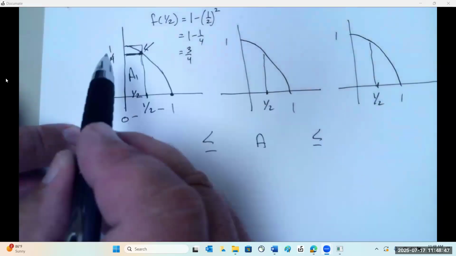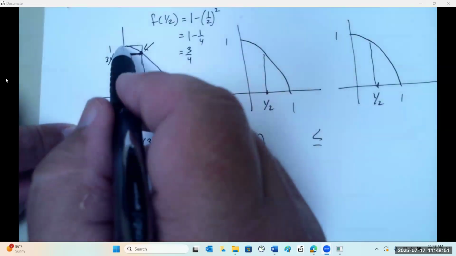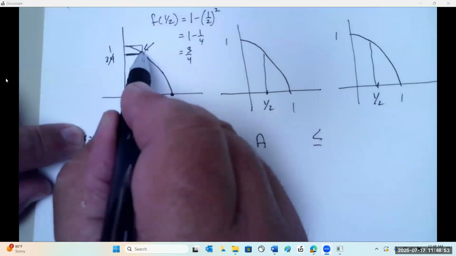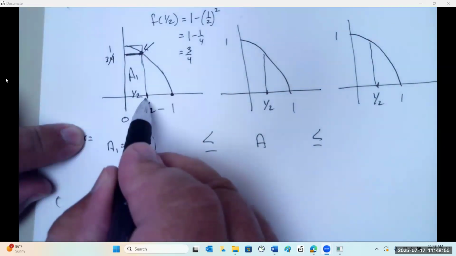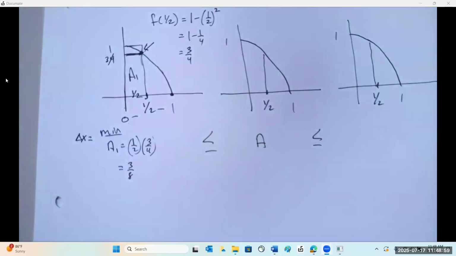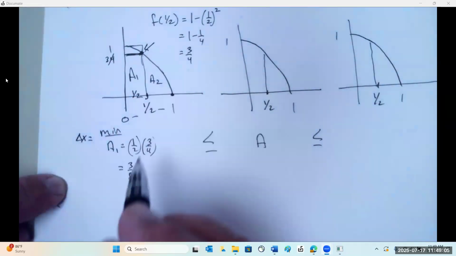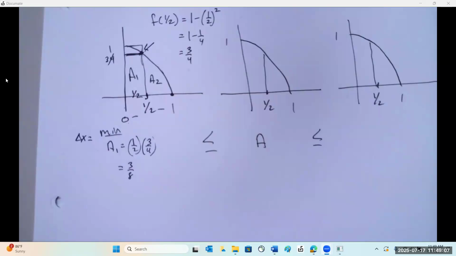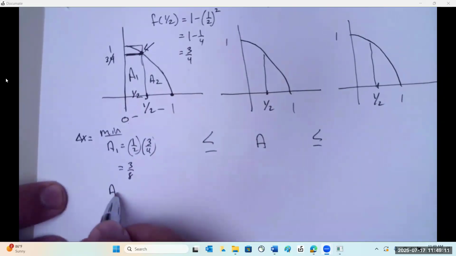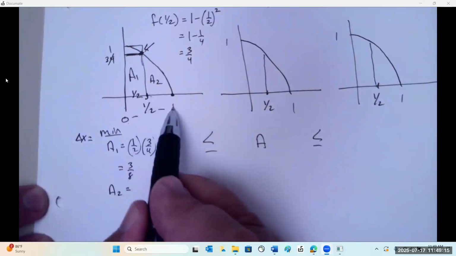The graph, I have extra space here, so I'm going below. Since it's decreasing and I'm using the right hand limit or point, I'm going to find the minimum here. Because once I add these two areas together, I'm going to have the minimum value of my area.